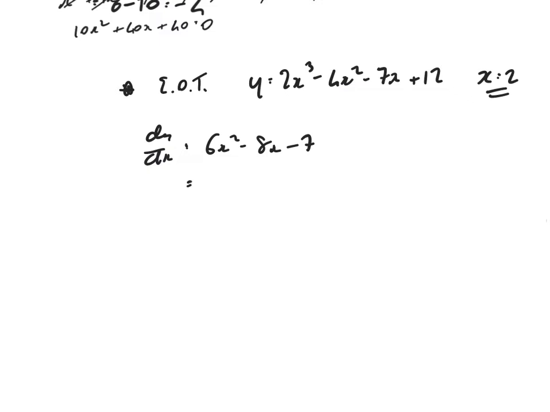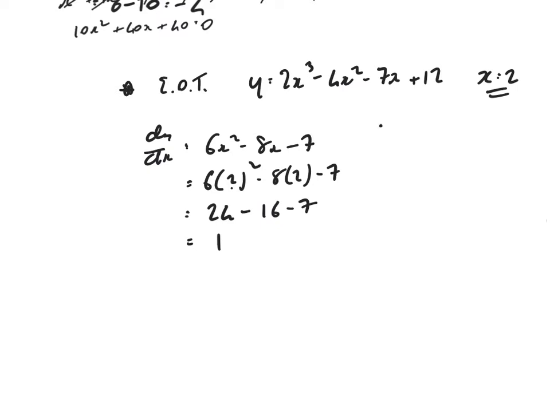Okay, I'm differentiating to find the gradient, but it's the gradient at x equals 2, so that's 6 lots of 2 squared minus 8 lots of 2 minus 7. 2 squared is 4 times 6 is 24, minus 16, minus 7, and that will give me a value of 1 for the gradient.